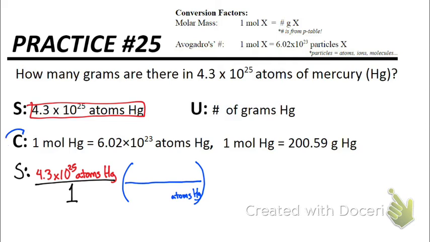This fraction is actually going to be our conversion factor, so we have to look at the conversion factors that we picked. We've got 1 mole of Hg is equal to 6.02 times 10 to the 23rd atoms of Hg, or 1 mole of Hg is equal to 200.59 grams of Hg. We need atoms. The only conversion factor that has atoms is Avogadro's number, and the number that's tied to atoms is 6.02 times 10 to the 23rd. So that's what I'm going to be putting on the bottom.